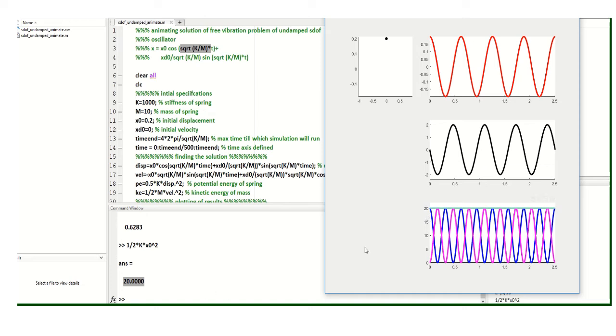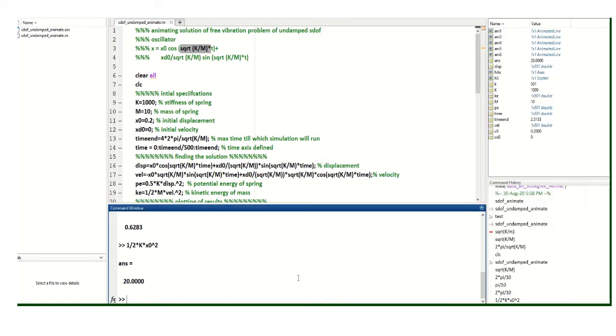Similarly, the mass is in motion, so it will also have kinetic energy associated with it, and kinetic energy will be half m times velocity squared. I have this velocity vector calculated, which is over here. Let me find out the velocity right at the start, which is 0.